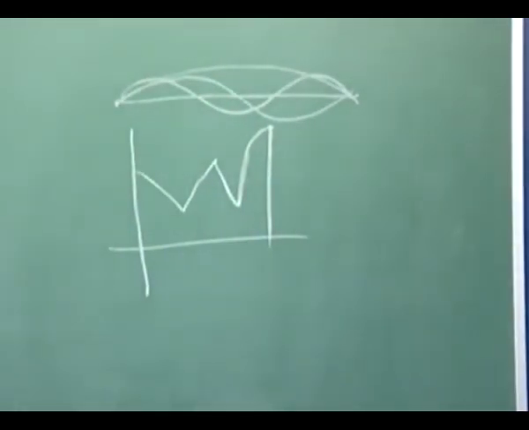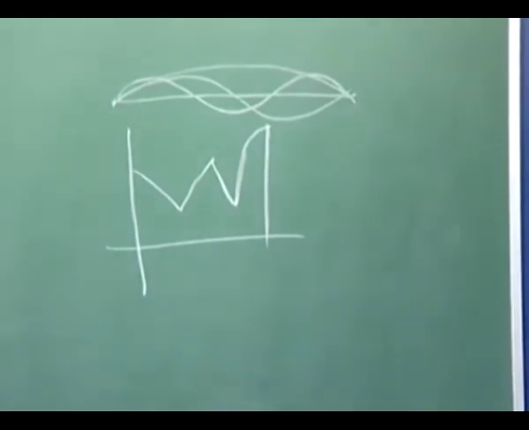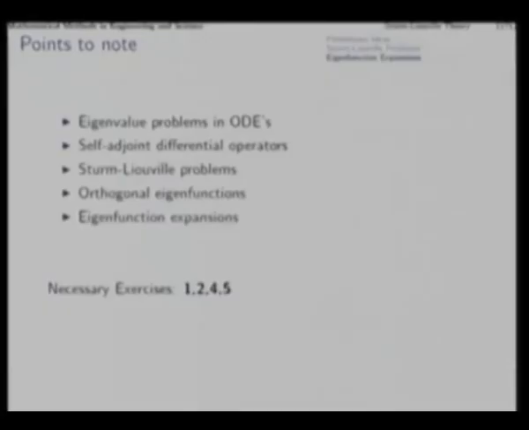In the coming 2 lectures, we will consider a few cases of such representations, and that will include Fourier series and its generalizations in terms of Fourier integrals and Chebyshev polynomials.